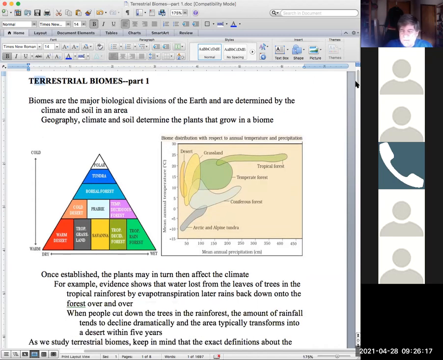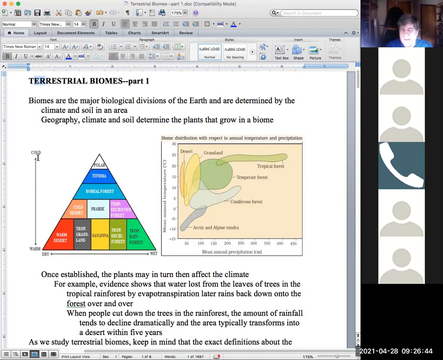Now we've seen a lot of different pyramids, and this is a pyramid that actually is more like a graph. What we have is two factors being graphed here: temperature and moisture.